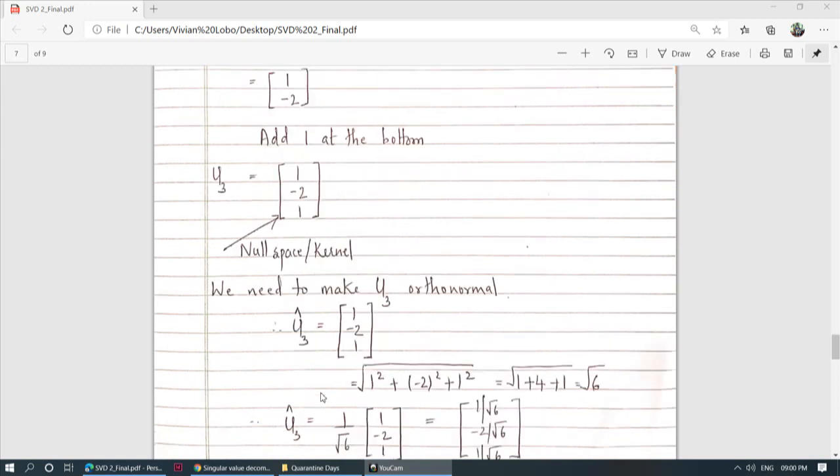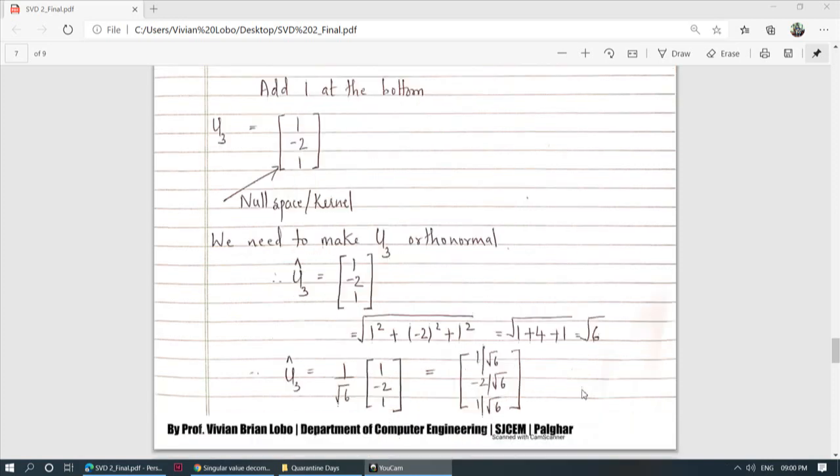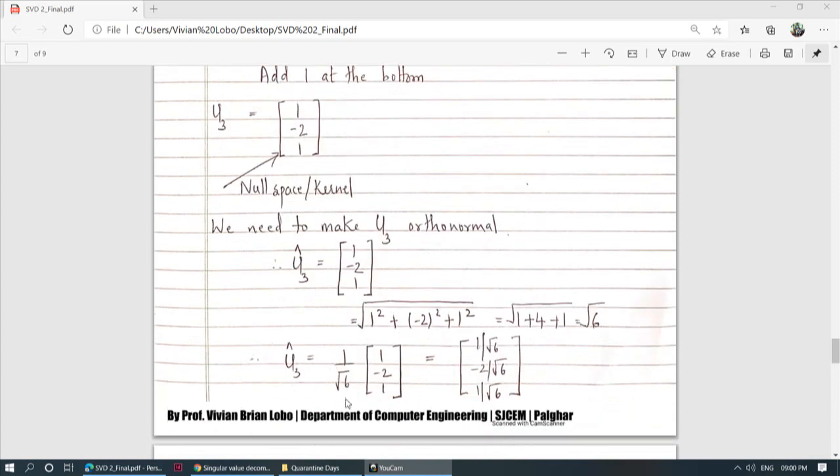So what is done in that case is, we take the square root of the sum of the squares of these values. So 1 square plus minus 2 square plus 1 square. The square root is nothing but square root of 6. So U3 is 1 upon square root of 6, times 1, minus 2 and 1. So we multiply this root 6 inside.